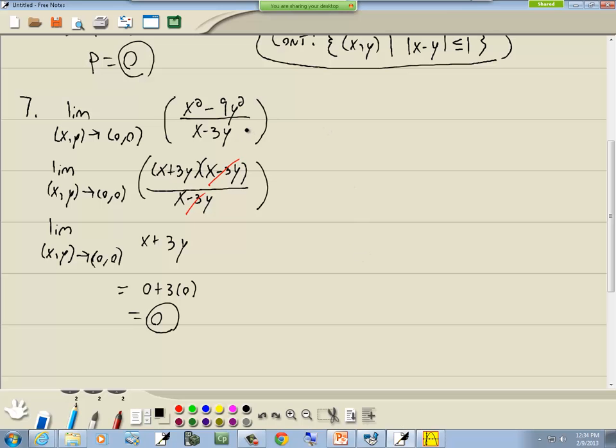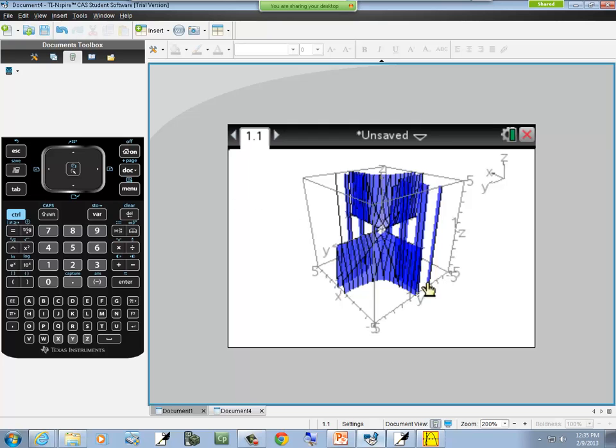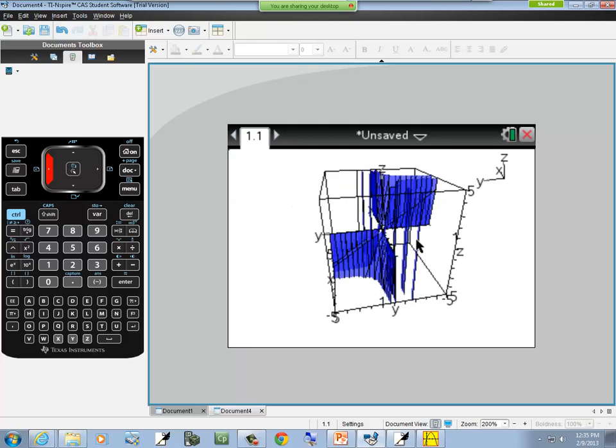It looks like that's what they're approaching. But here we have a fraction. And with a fraction, we're going to talk about our continuity. We cannot have the denominator equal to 0. So I'll set the denominator equal to 0. And if I solve this, I get x is equal to 3y, or you could have y is equal to 1/3 x. And it's going to be continuous at all x, y values such that x cannot equal 3y.